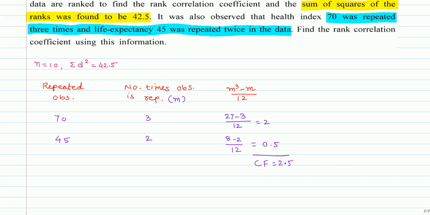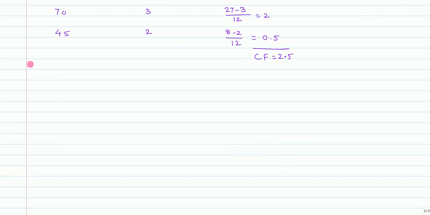After finding CF, we have to find R. R equals 1 minus 6 into sigma d square plus CF, because it is based on the correction factor, upon n of n square minus 1.